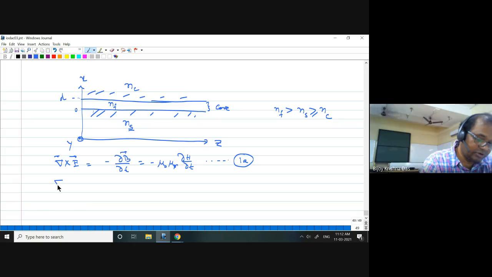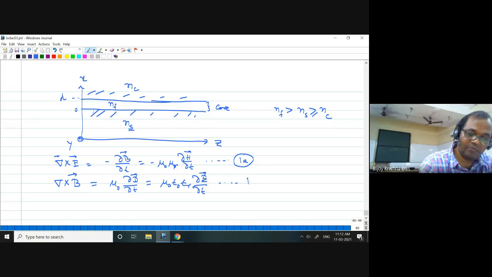And another curl equation: curl of H, with B, equals mu 0 del D del t, and that can also be written as mu 0 epsilon 0 epsilon r del E del t, of course vector E. Okay, and this can be written as 1b.